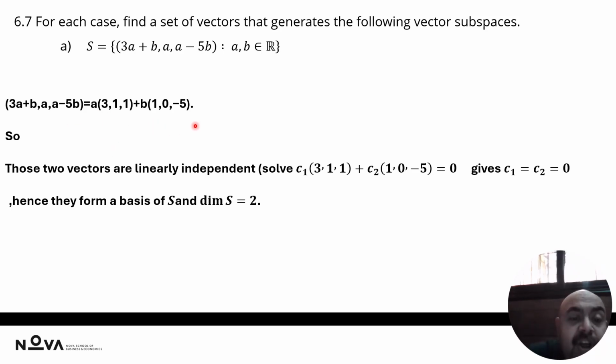Now I have the generators of this vector space, which are these two vectors only, and I can generate any vector belonging to this subspace using only those two vectors. So the span of this vector space is (3, 1, 1) and (1, 0, -5), and it contains just two vectors.